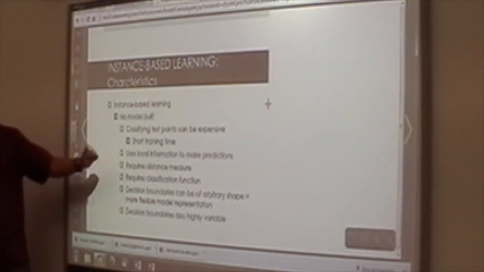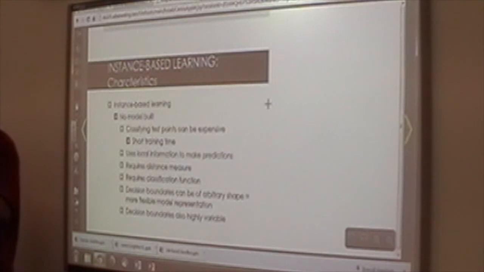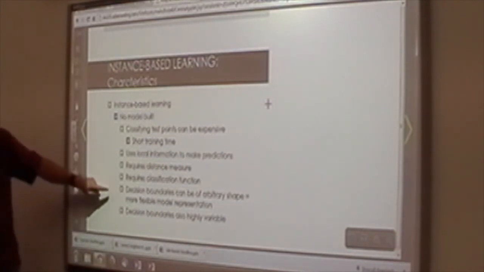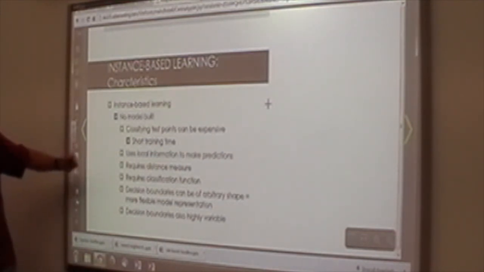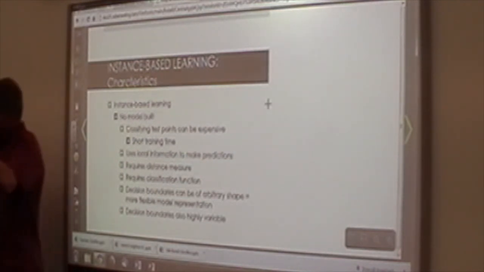Some other issues: it requires the distance measure, we talked about that. It requires a classification function. We used the example of majority voting. You could come up with a different classification function depending on what kind of classifying we're looking at. You could use a maximum function, minimum function. Here's one good point in favor of K nearest neighbors: our decision boundaries can be more complex.